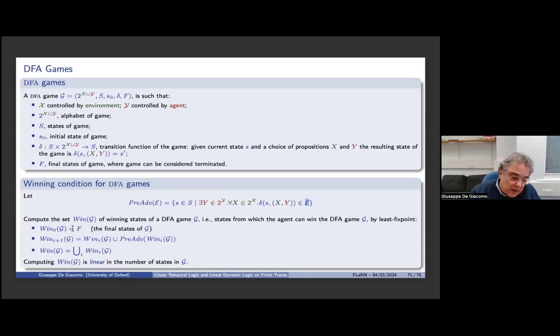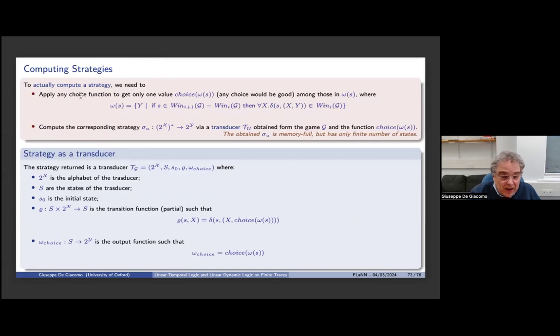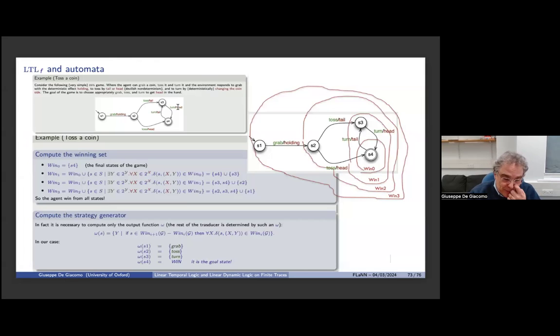You start with the desired set of states being the accepting states, and then through a least fixed point computation you build the winning region of this game. Then you can compute the strategy by considering how you go from stage i plus one to stage i of the fixed point computation every time, and this gives you the strategy.